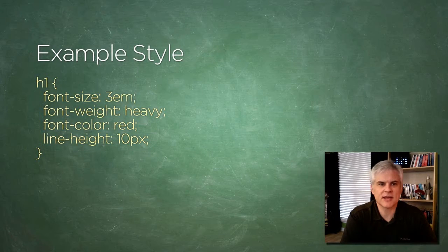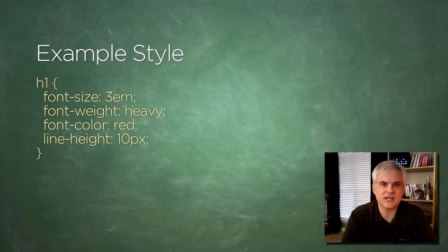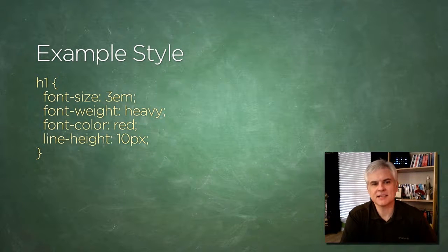In this particular case, we have several different parts to our style. First of all is the selector. We are selecting, in this case, the H1 element, every H1 element in the document. The styling will be applied to all elements that match that requirement, namely all H1 elements. Secondly, we have a set of curly braces that define the body of the style.